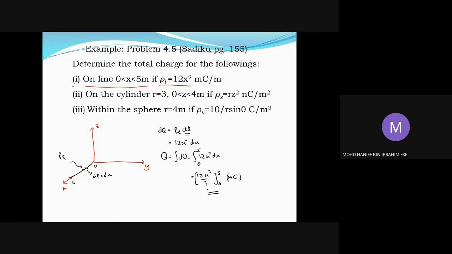That should be the answer for the first problem. I hope I made it clear how to calculate the charge and select dl in this problem. Let me go back to the Google Meet.